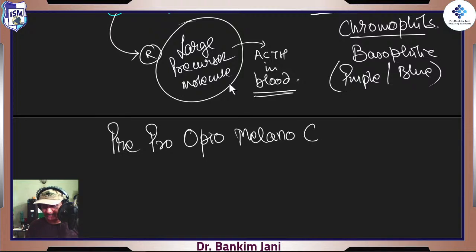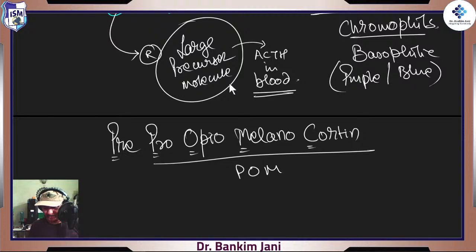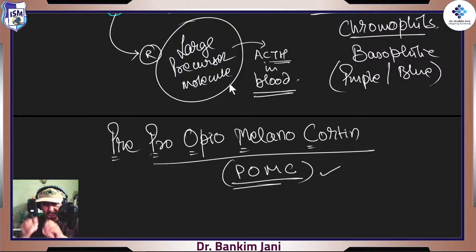C is cortin, that is easy, right? So pro, opio, melanocortin. This is actually called POMC. Maybe they must have combined it. That is POMC. It is a large precursor molecule, so ACTH is released because of that. It simply breaks this POMC. It keeps on breaking, and finally, out of several other products, one of the products is ACTH.